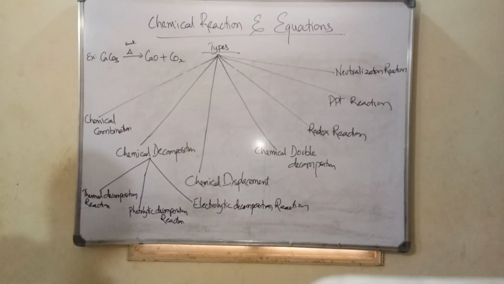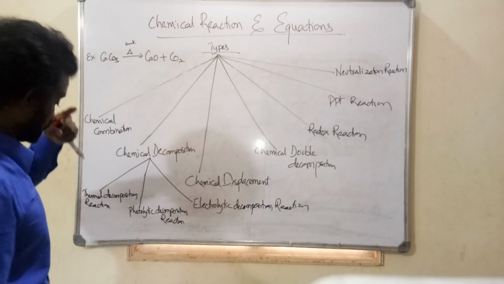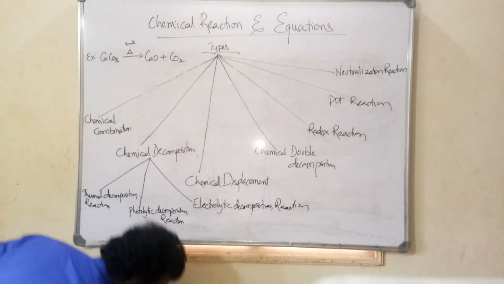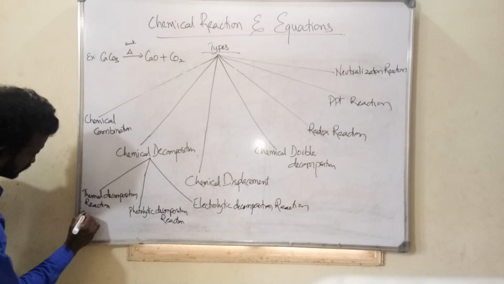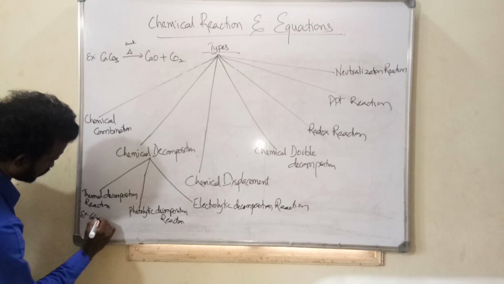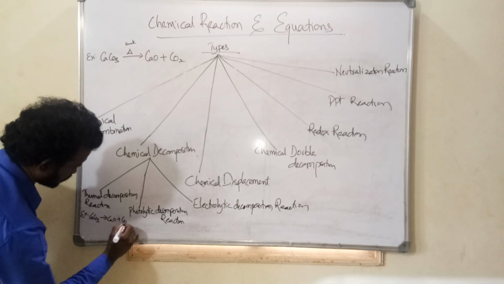Thermal means temperature. So, heat is required to break this. Calcium carbonate gives rise to calcium oxide plus carbon dioxide.